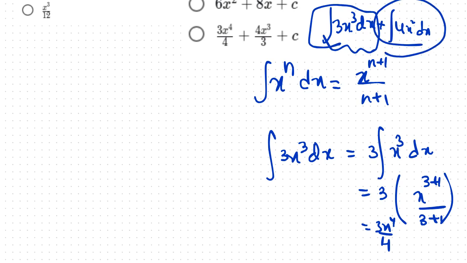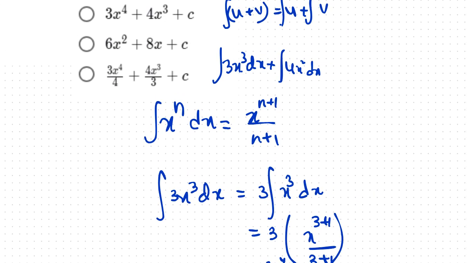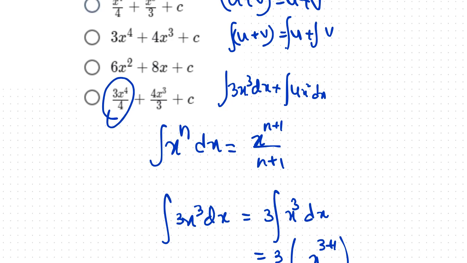What about this? The answer would be the fourth one: 3x power 4 upon 4, 4x power 3 upon 3 plus c.